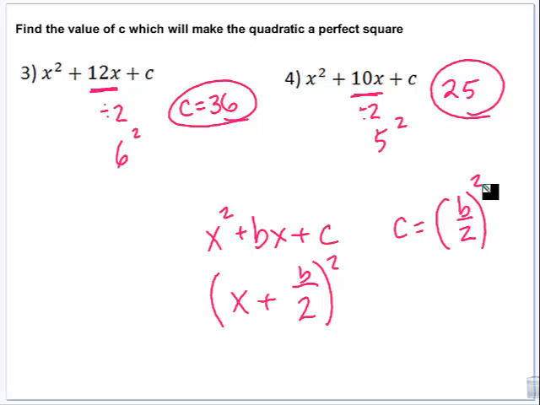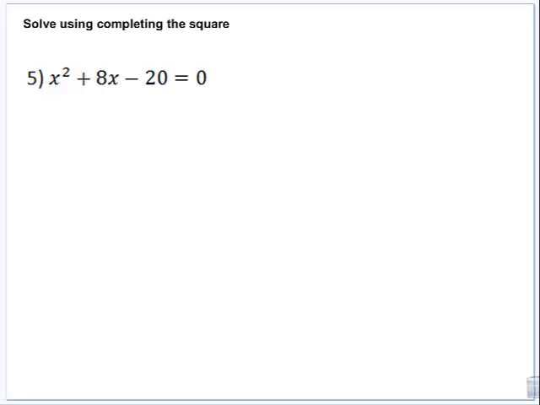Alright, so now we're going to do some actual examples where we need to use completing the square to solve our quadratic equation. So problem 5, x squared plus 8x minus 20 is equal to 0. First off, you would notice that the quadratic is definitely not a perfect square to start off with.